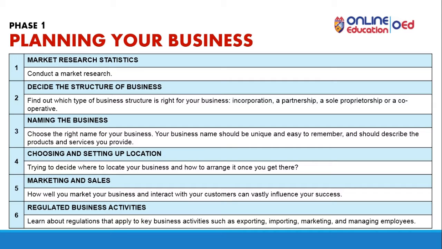And then regulated business activities. Learn about regulations that apply to key business activities such as exporting, importing, marketing, and managing employees. Of course, if you are going to establish a business, you have to learn the rules and regulations. You have to make up your own policies. You also have to know how to expand, just in case in the future you're already on your way to meet your financial goals or your company goals.